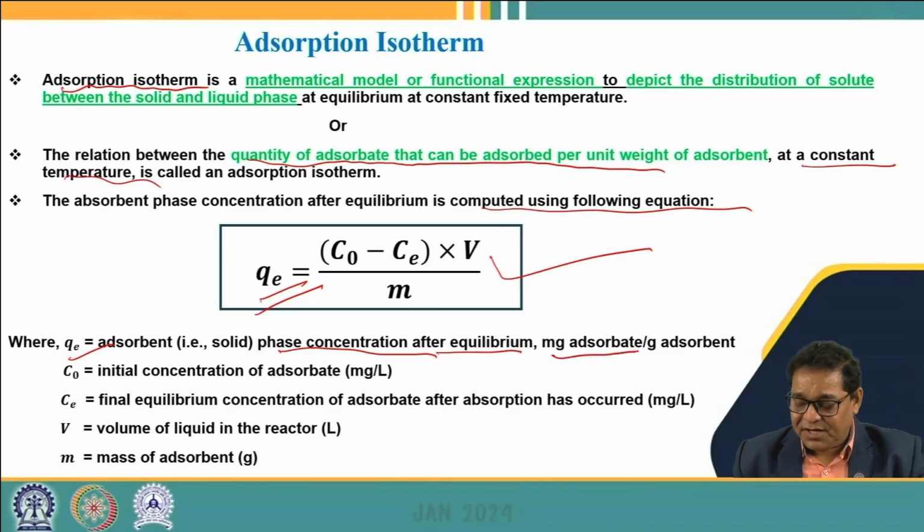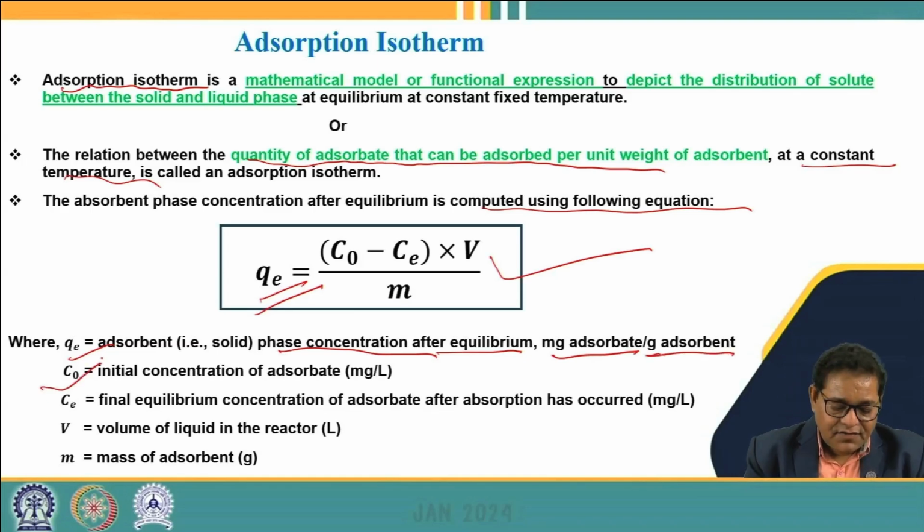It means the milligram of adsorbate that is adsorbed per unit weight of the adsorbent, and C0 is the initial concentration of the adsorbate, in milligram per liter.